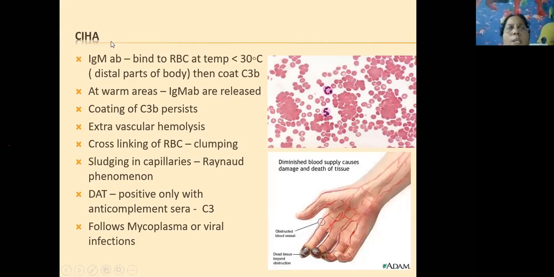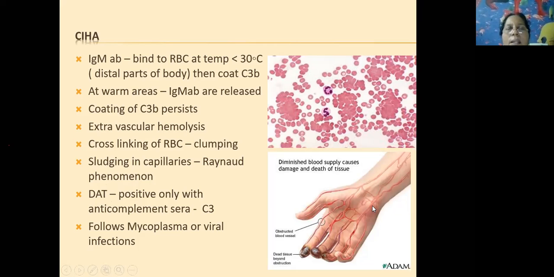This is cold immune hemolytic anemia due to IgM, as we said, and it occurs at warm areas. This IgM is released. When it reaches the cold areas like fingertips, etc., or the patient travels to a cold temperature, the RBCs come together, and they block the small blood vessels causing Raynaud phenomenon, sludging in the capillary.